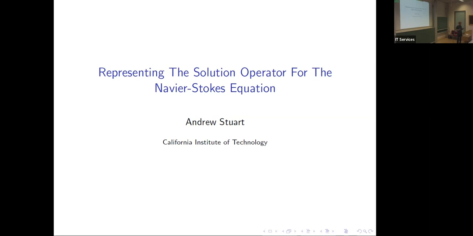I'm not going to talk about that, but I do have work in that area in material science, and I think potentially it could be useful in turbulence. And secondly, the representations of solution operators that I show you are much faster to evaluate than standard numerical PDE methods. So these are new ways of thinking about computational partial differential equations, and I will focus on the Navier-Stokes equation, which for the purposes of this talk lead to fast evaluation methods.